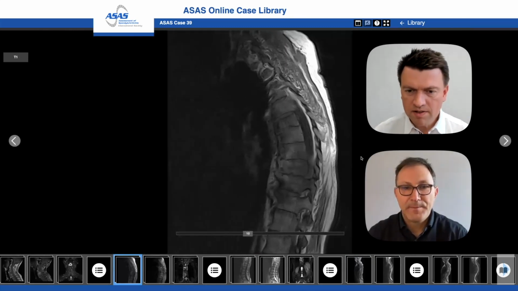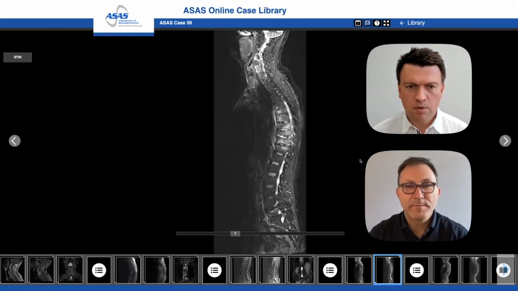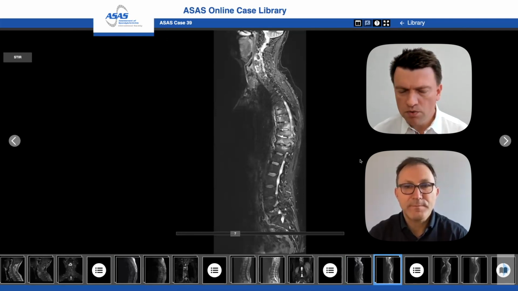So after this MRI showing persisting and very active inflammation in the spine, the diagnosis was made of axial spondyloarthritis.